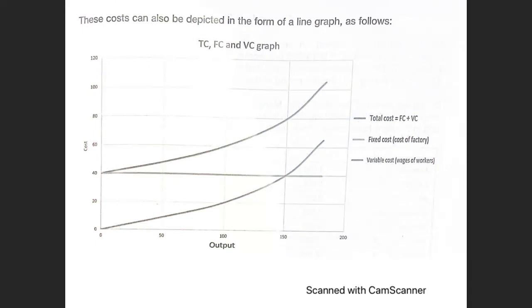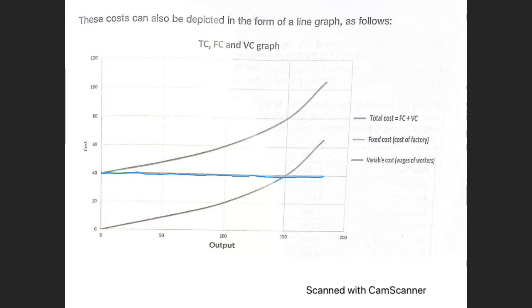You have your cost on your y-axis, as you can see here, and then on your x-axis you have your output. So as your output is increasing, you can see that firstly your fixed cost, which is this line going across, remains the same.